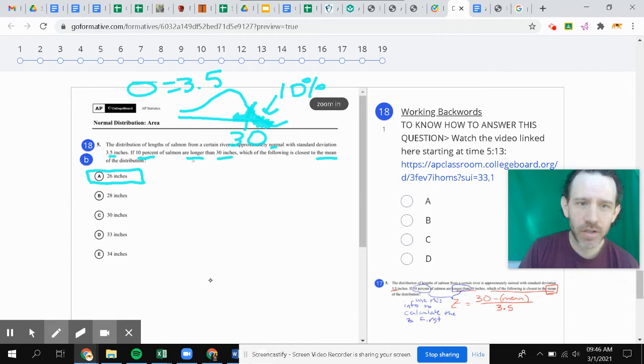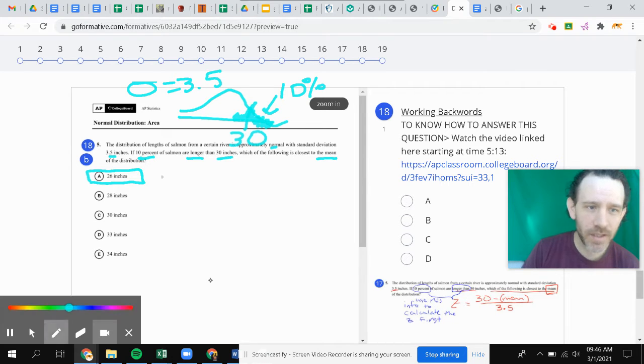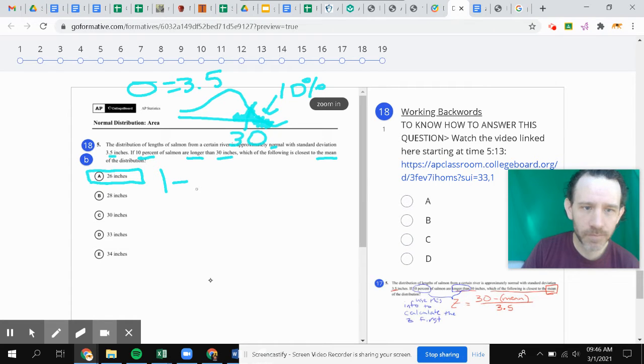So the fact that it's longer means that I have to think about those problems where we had percentage above, and the last step that you did was subtract from 1. So that's the first step in this scenario. I'm going to take that 10% and subtract that from 1.